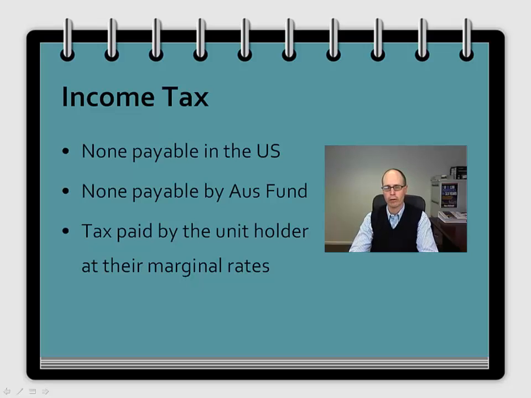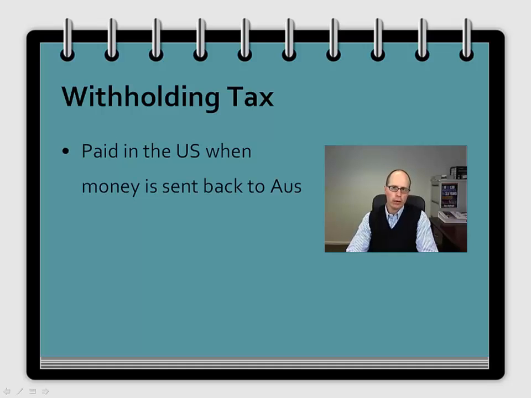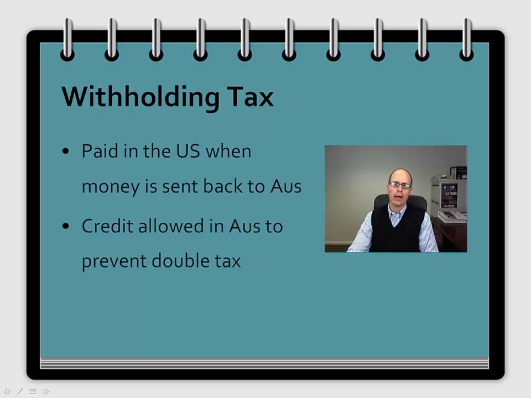In regards to withholding tax, it is tax deducted at or in the US to distributions sent back to Australia. Now, the way that withholding tax works is that there are different rates for different types of income, from 10% for interest to 15% for rental distributions, all the way up to 35% for capital gains.